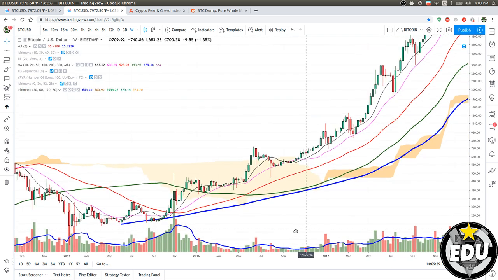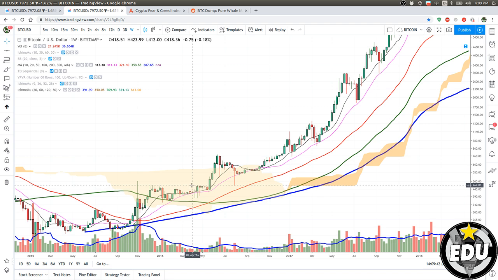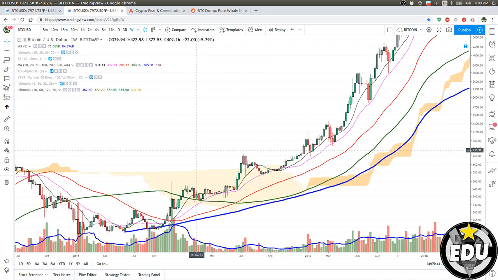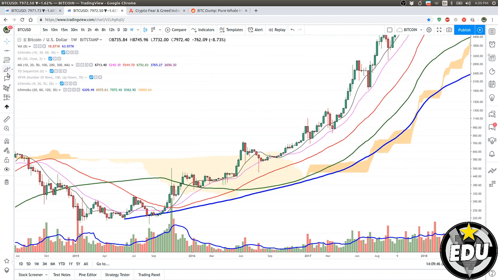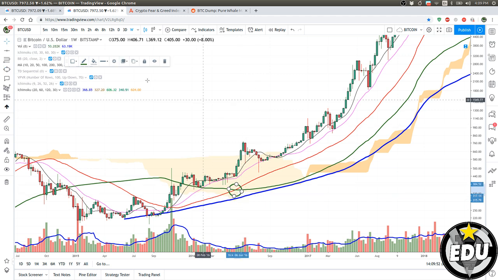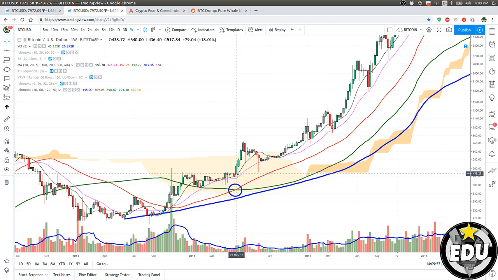Okay, then when the bull run started, which was extremely bullish, when the cross between 50 and 100 happened. That was extremely bullish.